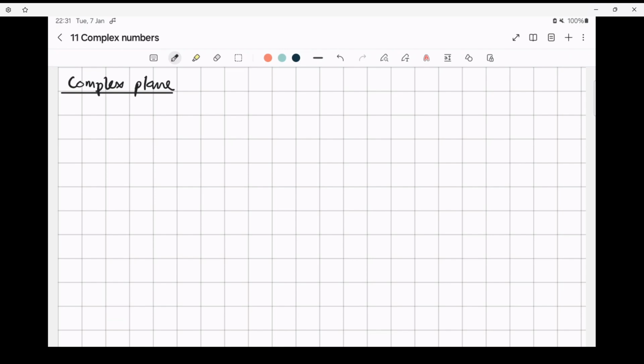Complex plane is a way for us to illustrate complex numbers. So let's say we have z equals x plus iy. You will notice that this is very similar to how you would draw your xy coordinates.